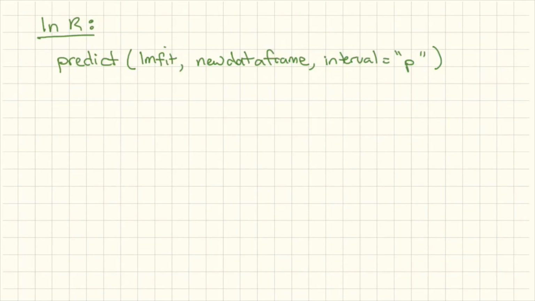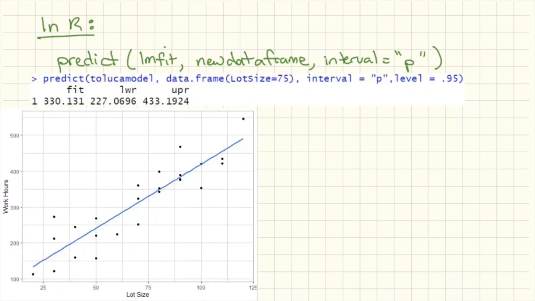To get a prediction interval, this is what we call it instead of a confidence interval, because we're predicting a new value. We just do interval equals p for prediction. And we're going to get a wider interval. I'm going to sketch it here on the plot so you can see how it is. So here our prediction interval goes from about 227 to 433.